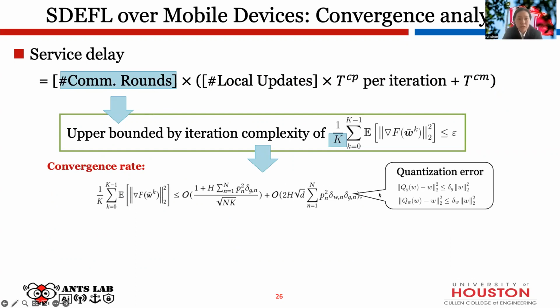And based on our convergence analysis, we further find out that the weight quantization and the gradient quantization have different impact on the convergence speed. And here, the delta G and the delta W represent the quantization error for gradient quantization and weight quantization, respectively.